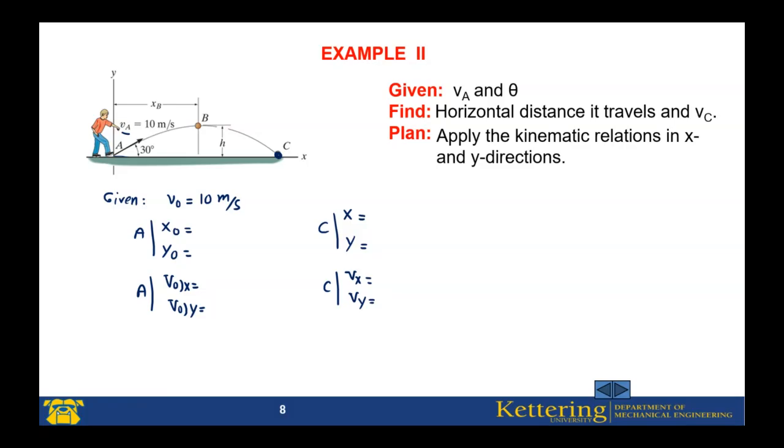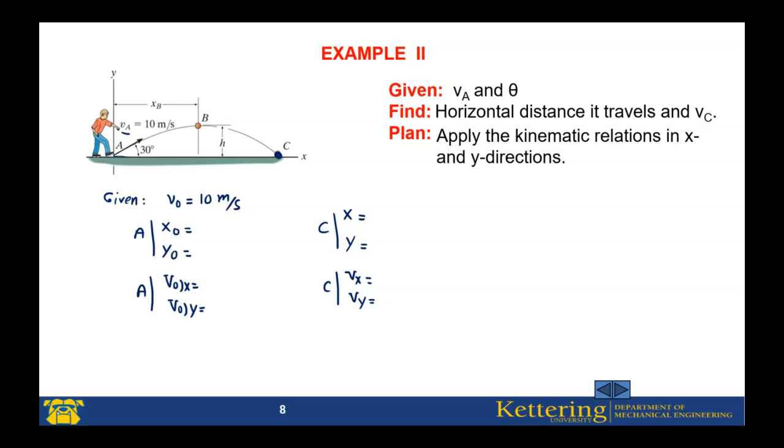0. This is the initial point. The coordinate already is given to you for the problem. x0 and y0, they are 0. That's the easy one. How much is the V0x? 10 cosine theta, or 10 cosine 30 degrees.